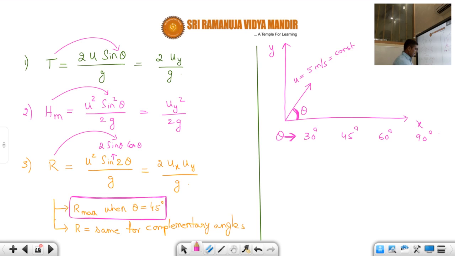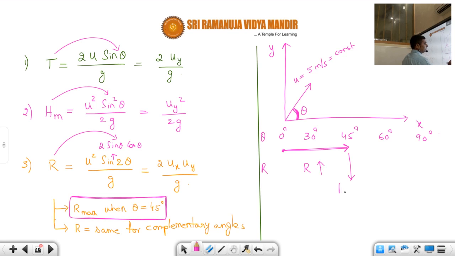So as we go from, suppose, theta equal to 30 to 45 to 60, or let us say we also start from 0, this is the theta, and now let us say R. As we are going from 0 to 45, the range will increase.